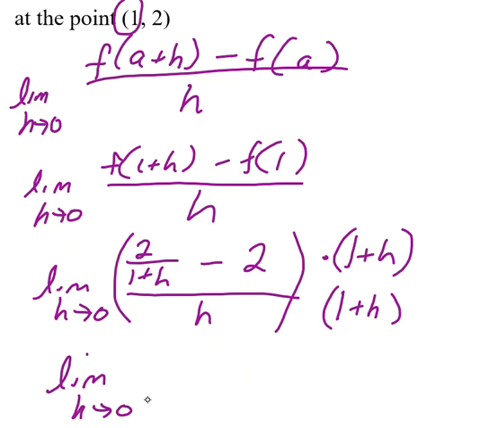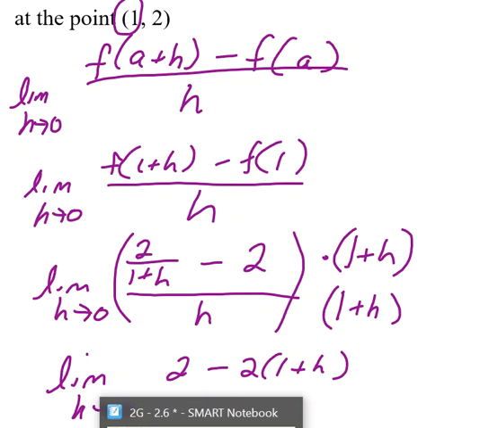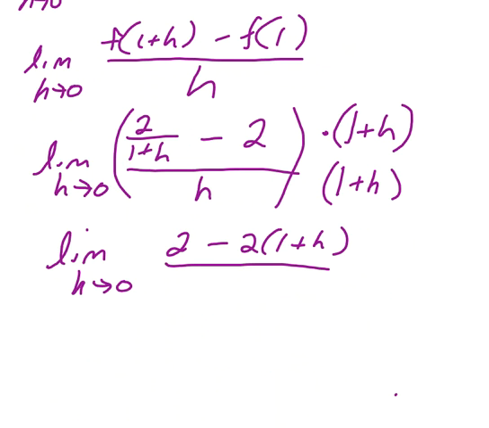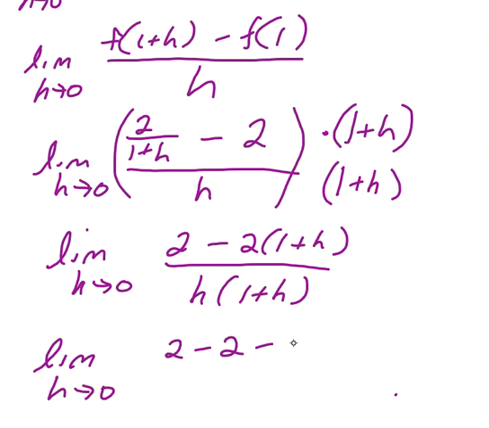The limit as h approaches 0 of 2 minus 2 times the quantity 1 plus h, all over h times 1 plus h. Notice I'm not simplifying the denominator because my goal will be to cancel something out. So we're going to simplify in the numerator, 2 minus 2 minus 2h.